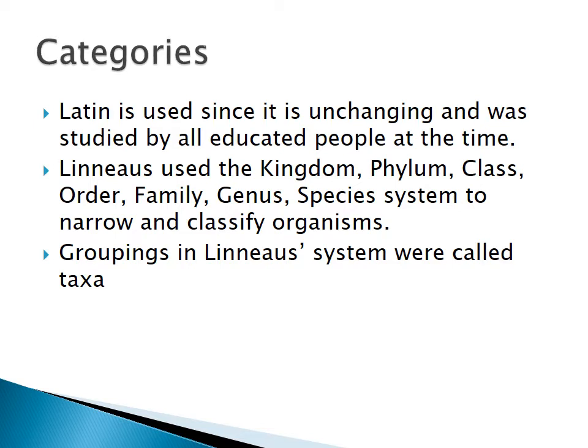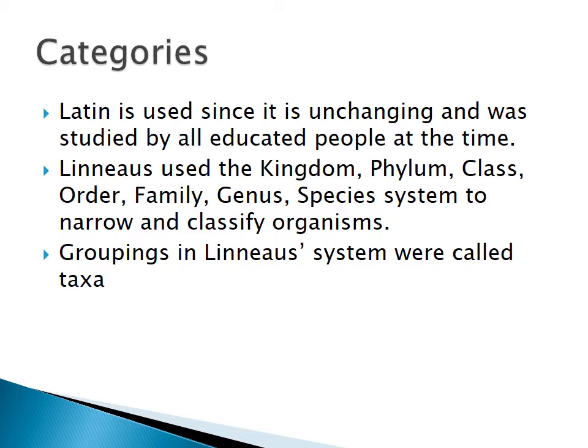Linnaeus identified kingdom, phylum, class, order, family, genus, species. I'm sure you've heard that in biology. That system was used to narrow and classify organisms, kingdom being the most broad and species being the most specific. Each one of those levels is considered a taxa. We later added on domain because we realized, wow, bacteria, there's so much of it.